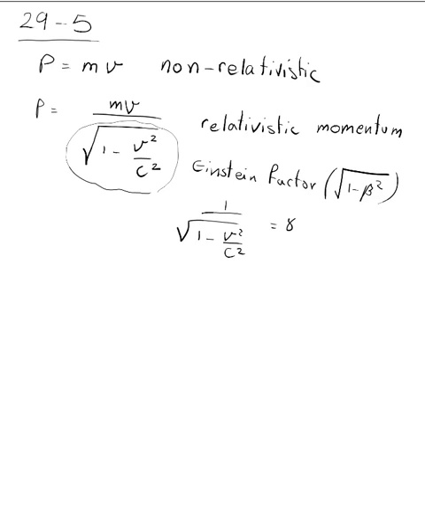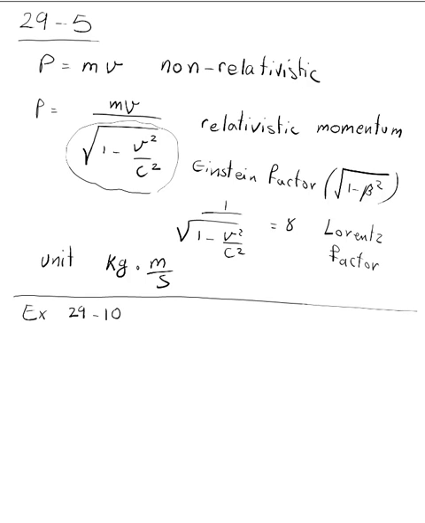To find the relativistic momentum, it is enough to multiply the Lorentz factor by the non-relativistic momentum. The unit for the relativistic momentum is still the same as the non-relativistic one, which is kilograms times meter per second.